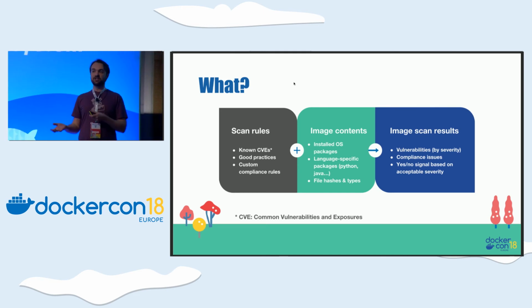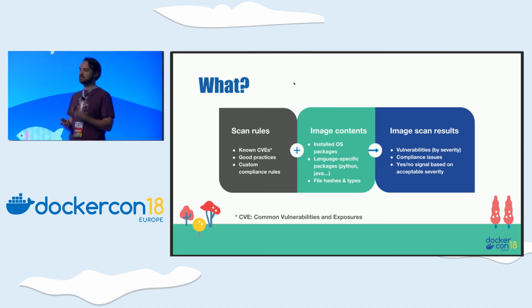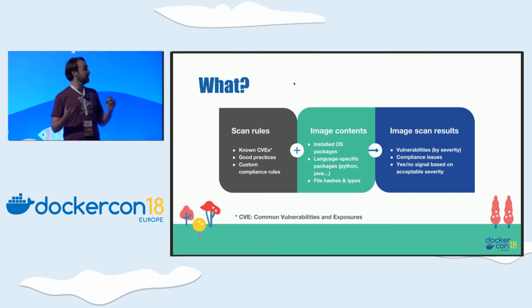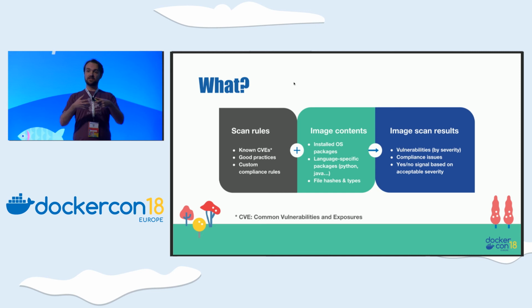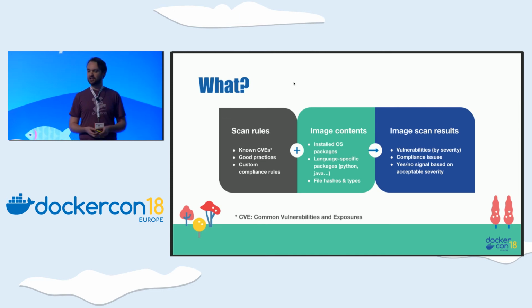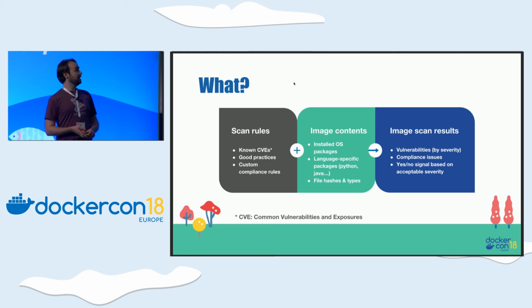And then you input your image, and it's going to dissect the image, get all the packages, the Python dependencies, the Java dependencies, look at file hashes and file types, and then join the two together to see what's not great in your image. And it's going to spit out a report with vulnerabilities, with how to improve your image. And you could even use this report as a yes-no signal to block deployment if there are vulnerabilities in your image.